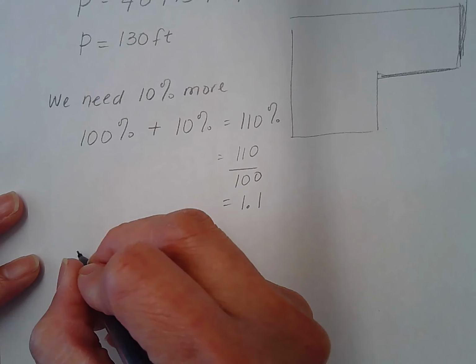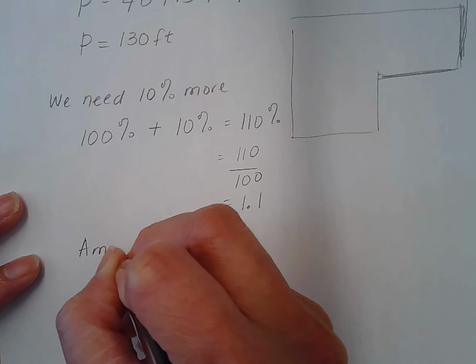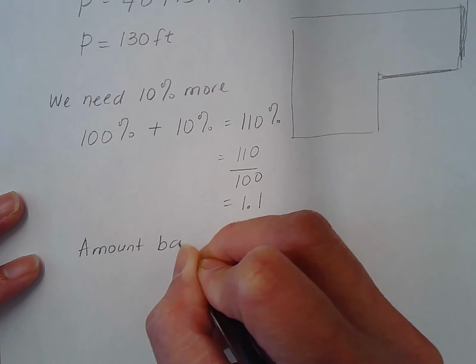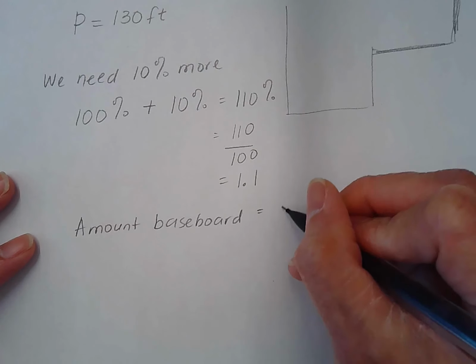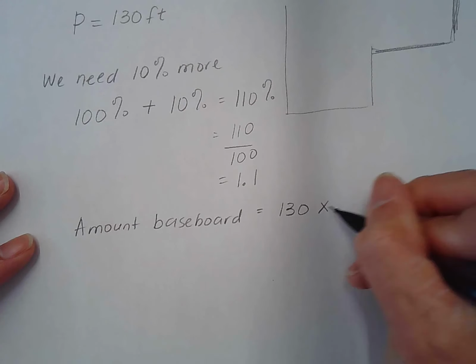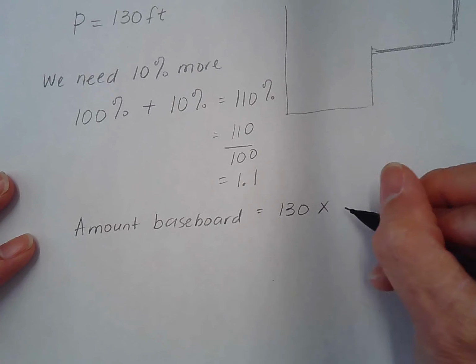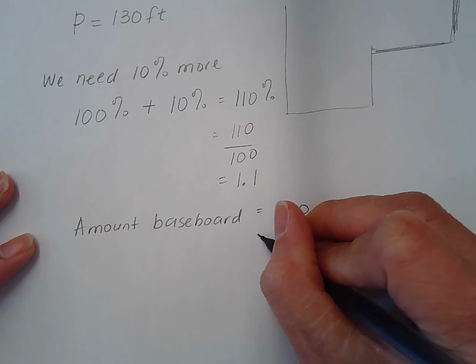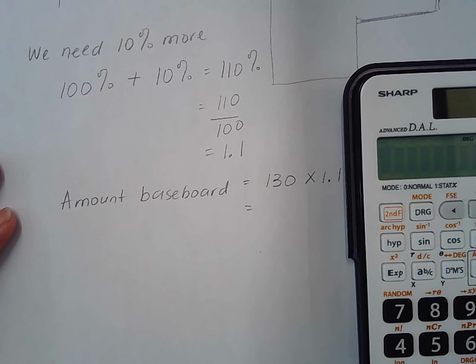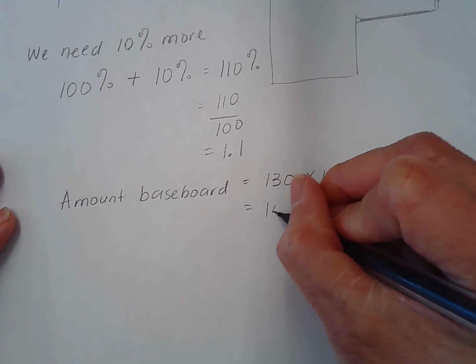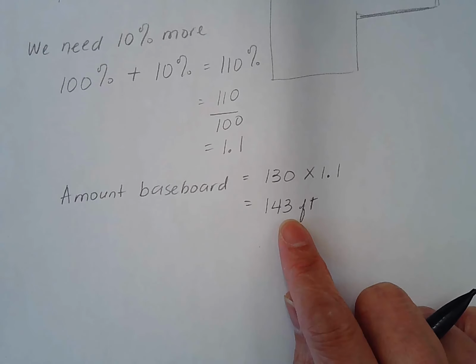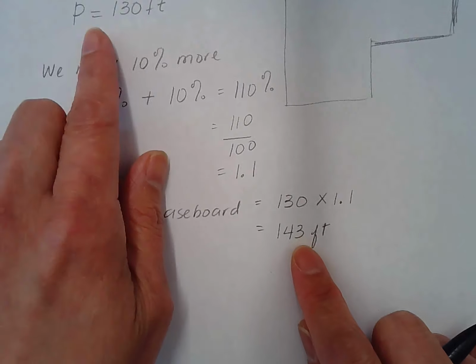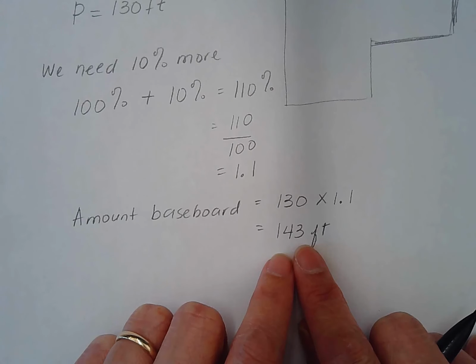So the amount of baseboard that we need is 130 times 110%, so times it by 1.1. That's going to give us 143 feet. 143 feet. That's enough for the whole room and a little bit of 10% extra.